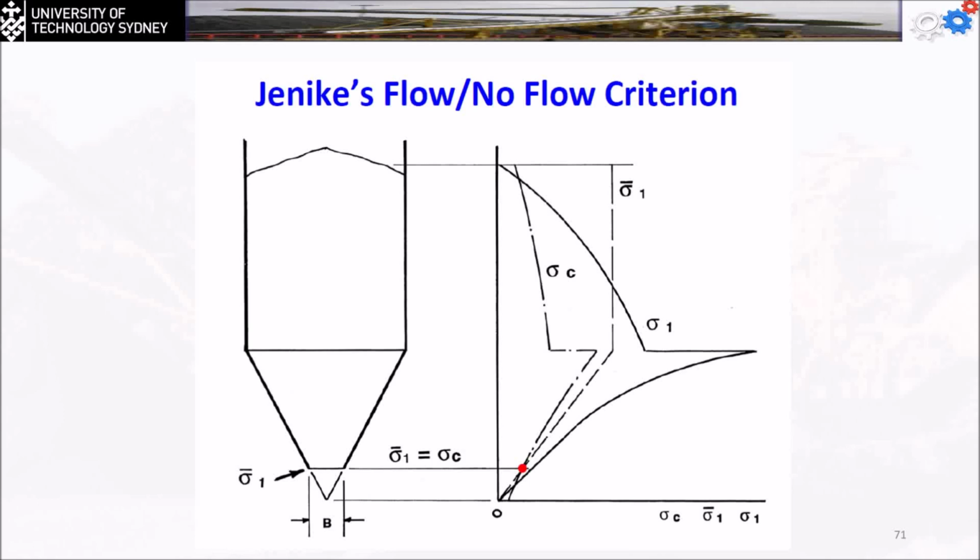So the condition for flow is that sigma 1 should be more than sigma critical. In the worst case, it should be equal to. And that's what we call the KAS or the CAS. And we're going to talk about the critical amount of the stresses required to make the flow.